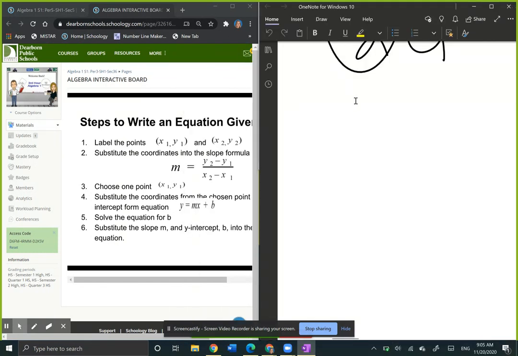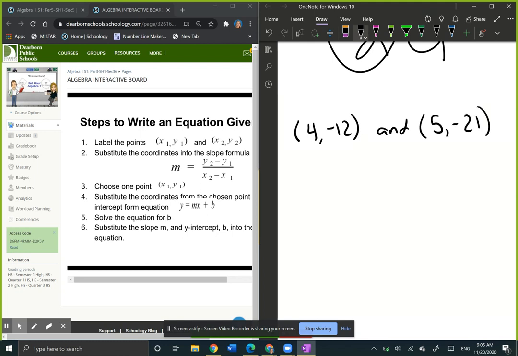And let's do it this way. Hold on one second. Okay, so it says label the points. So let's write our points. So our points are 4 and negative 12 and 5 and negative 21.